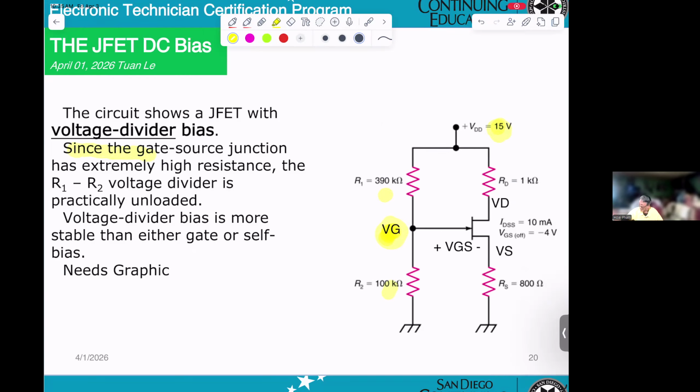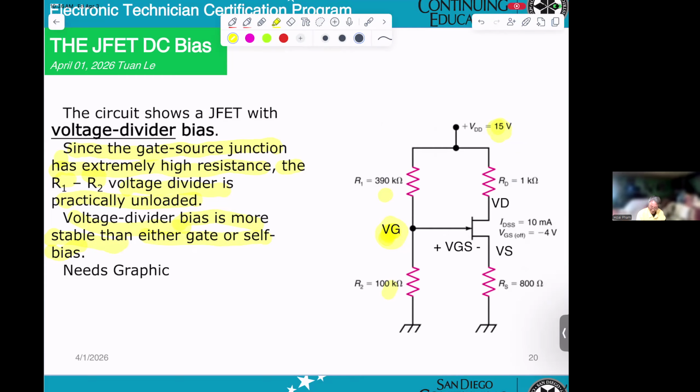Since the gate-source junction has extremely high resistance, the R1, R2 voltage divider is practically unloaded. Voltage divider bias is more stable than either gate or self bias. This is the one normally used, better than the two other ones.